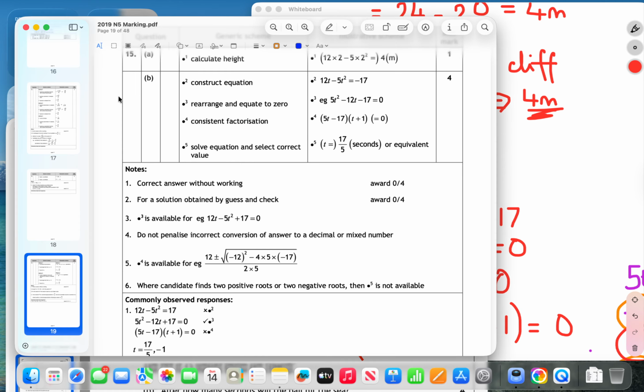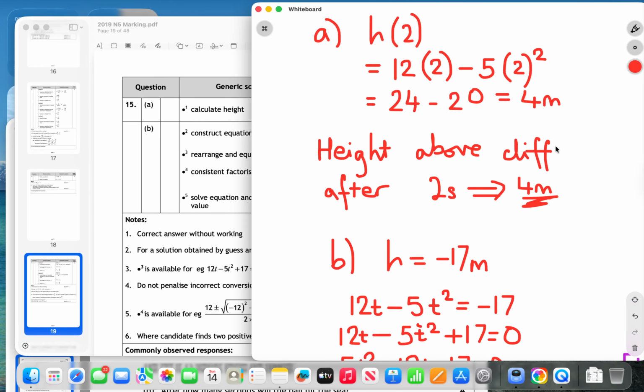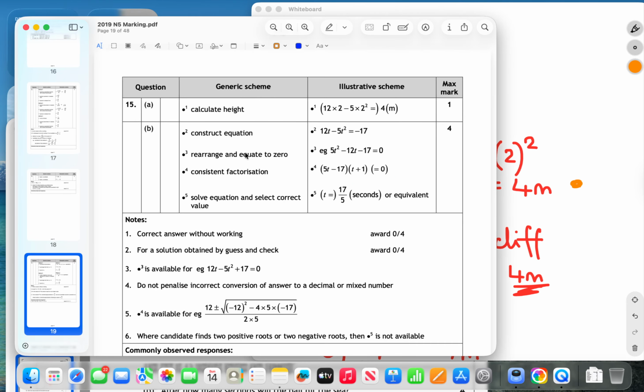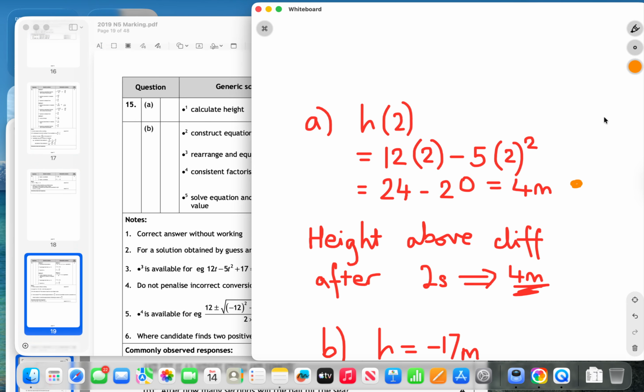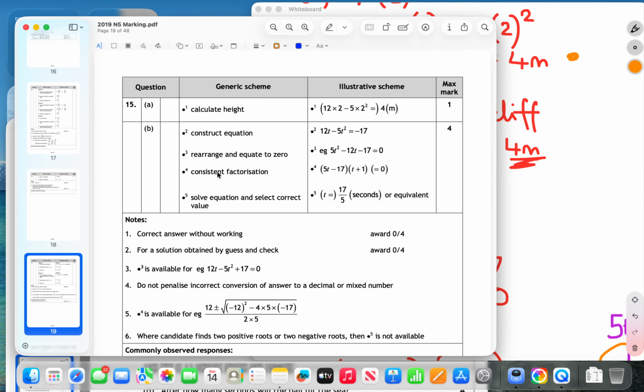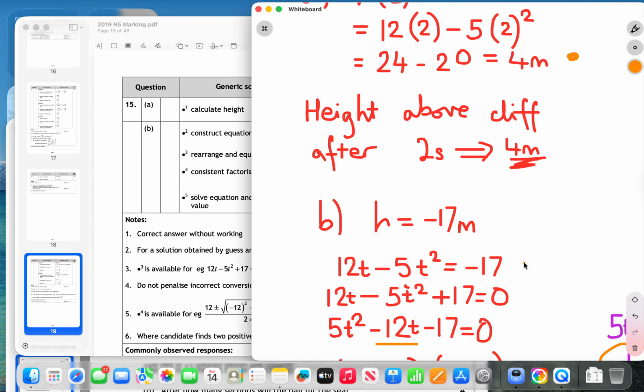So this was just solving quadratic equations, albeit in a fairly unseen situation. But let's have a look at, I should really put meters in there. So let's have a look at how the SQA gave the marks out.